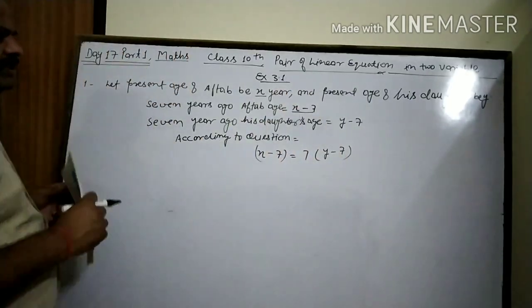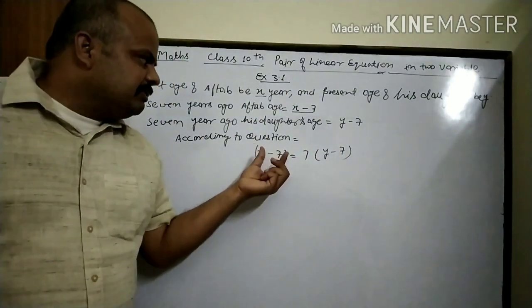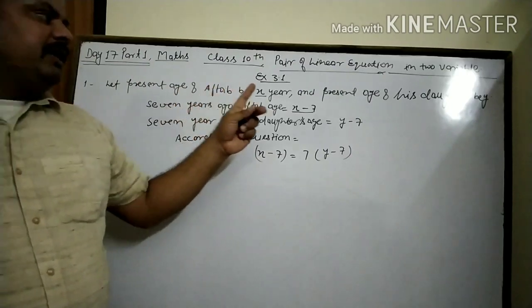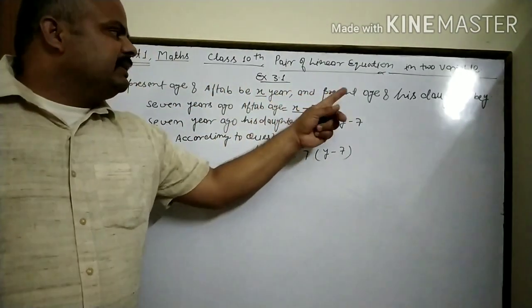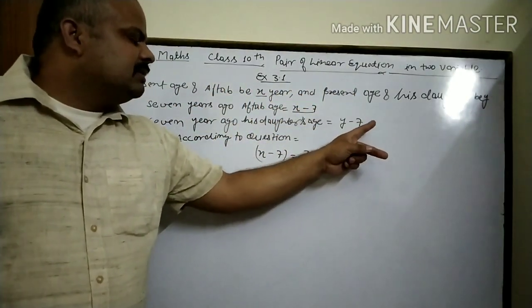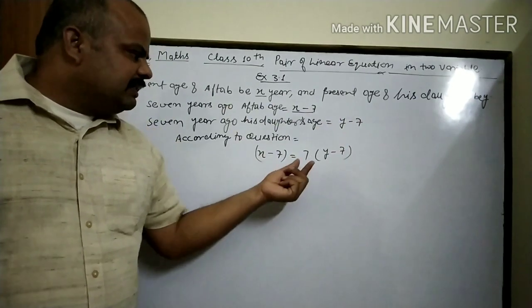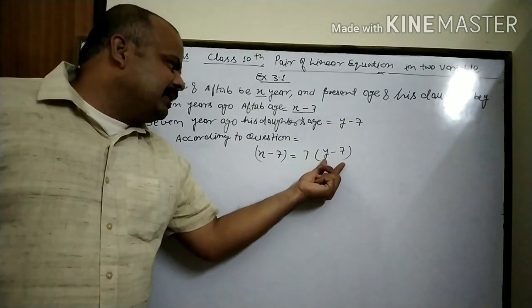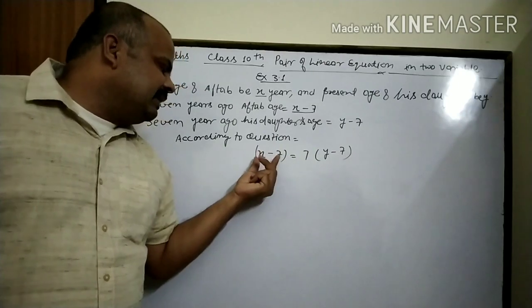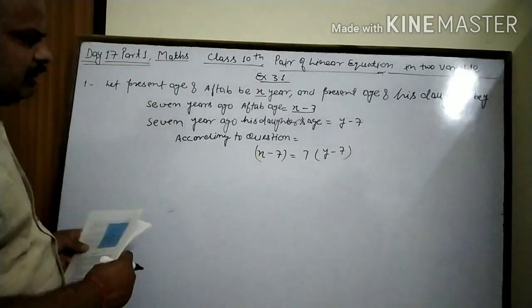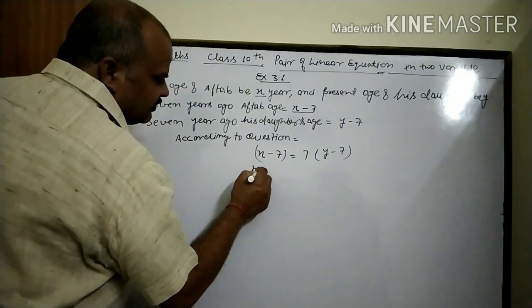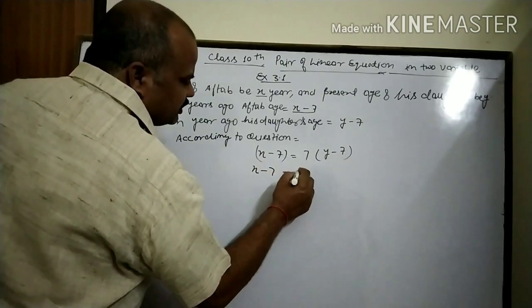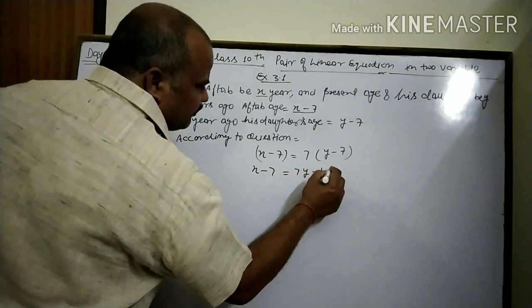From the first statement, 7 years ago Aftab's age is 7 times his daughter's. His daughter's age is y minus 7, then 7 times that is Aftab's age. Now you can solve it. Then x minus 7 is equal to 7y minus 49.